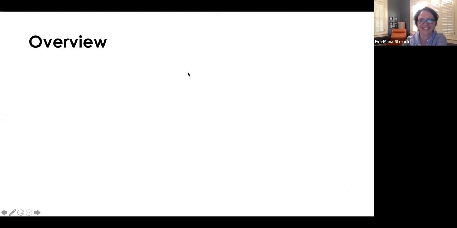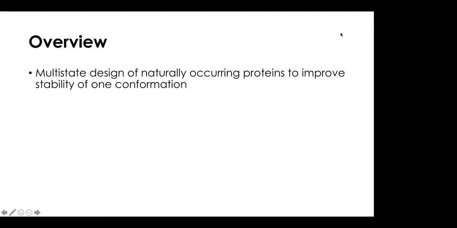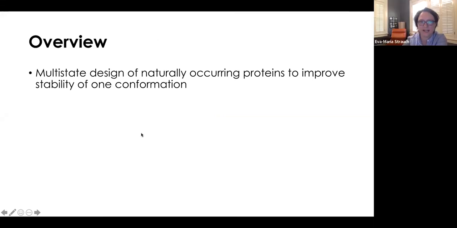All right. So the first thing I wanted to talk about was a little bit about multi-state design, which we've been using for viral surface proteins, because that's what we biologically are very much interested in. We're curious about these homing devices.